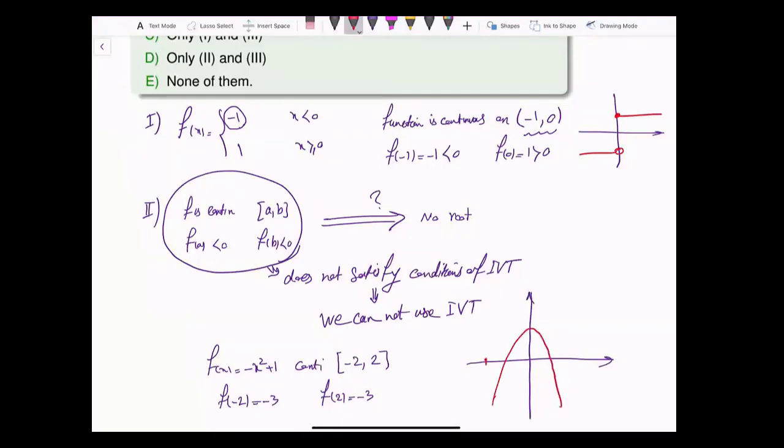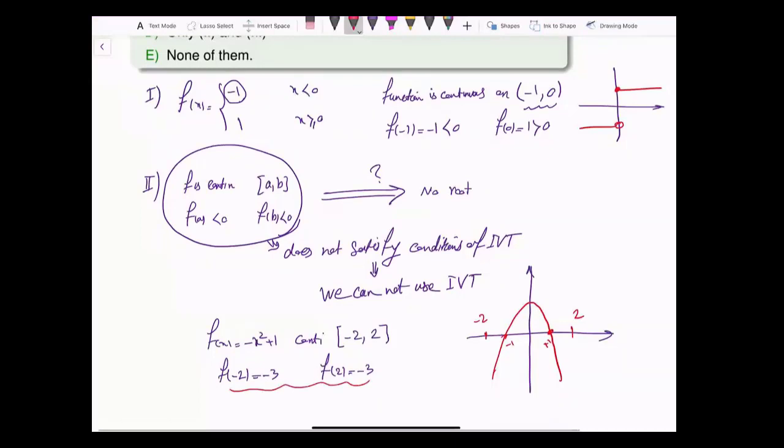In the interval negative 2 to 2, it has two roots, negative 1 and 1. So this is a counterexample. The function has negative values at both ends. We cannot use IVT, but there might be other facts which give this function roots on that interval, and this is a counterexample for that.